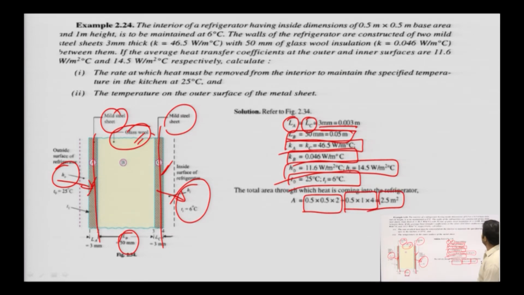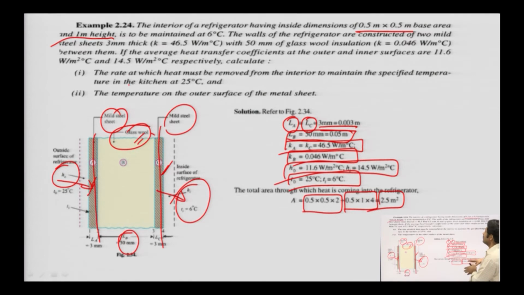So how did you actually get this? This is this. And what else might they have calculated? See, this is like 0.5 into 0.5 into 2. And then that's the base area. There's the front area and the base area.